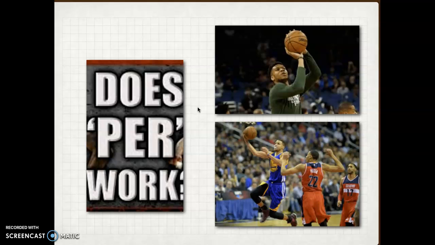There are a lot of factors that could be considered in a plus and minus number, which is a very hard, complicated thing to do right. So they use PER for Stephen Curry and Giannis Antetokounmpo. Players like those have great PERs, and it shows just because they played so much and they won so much.